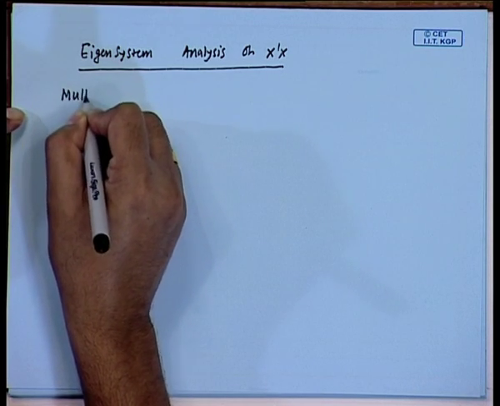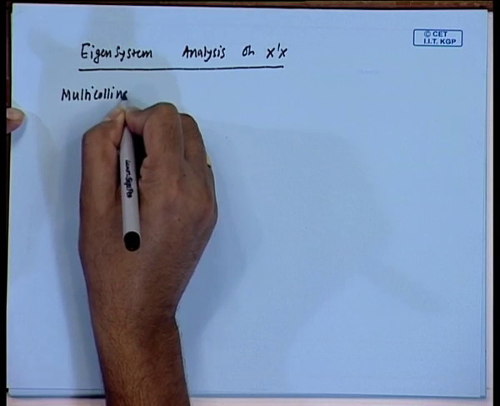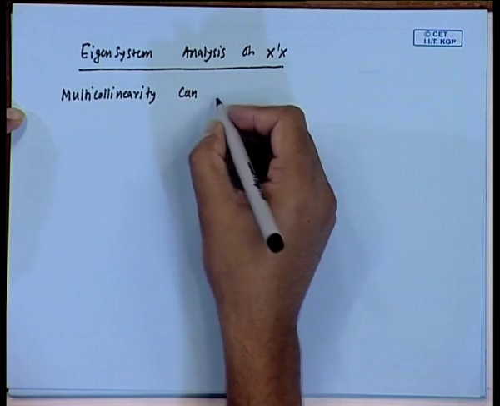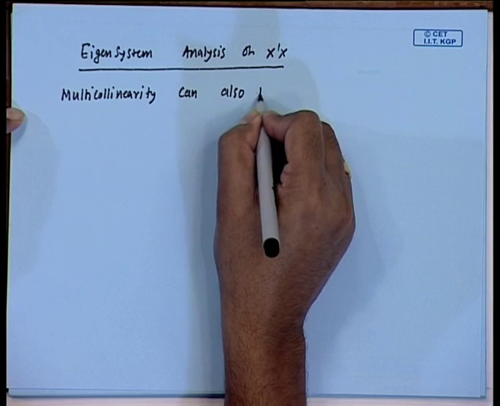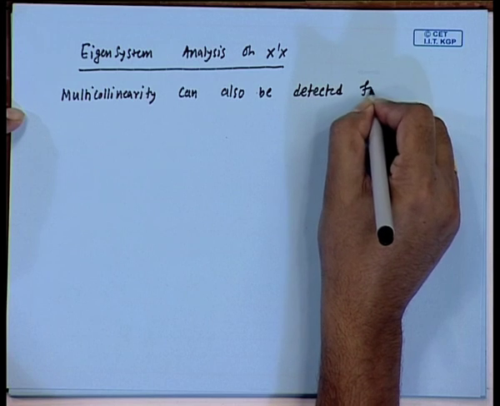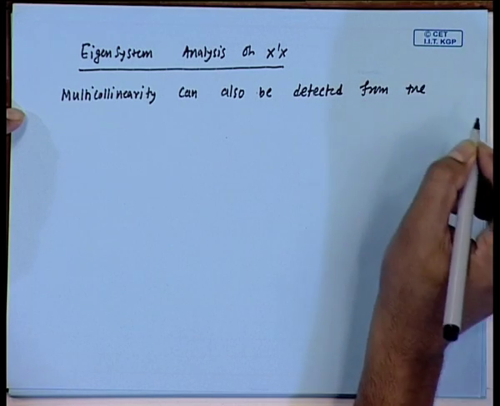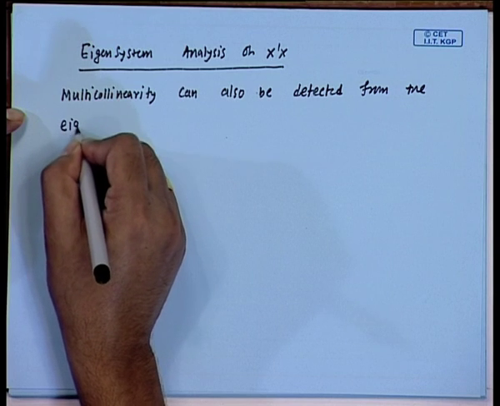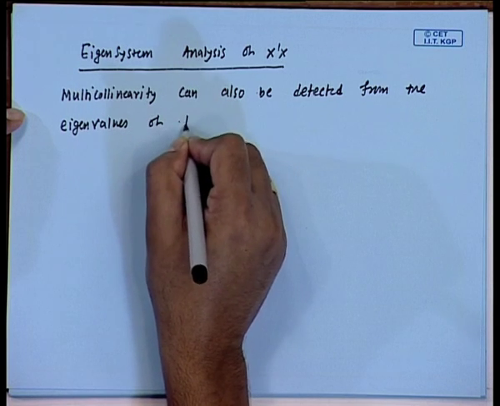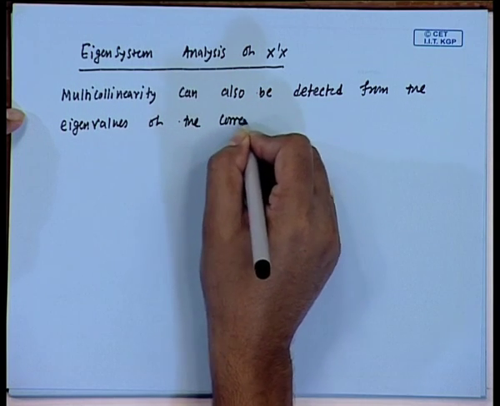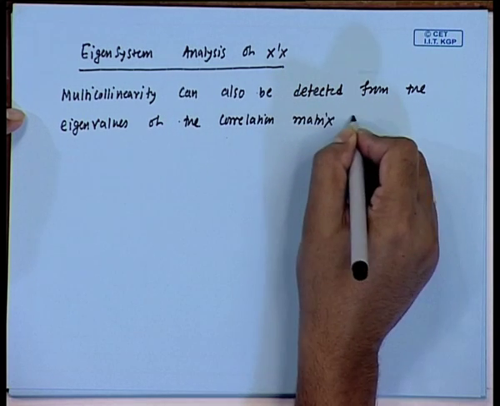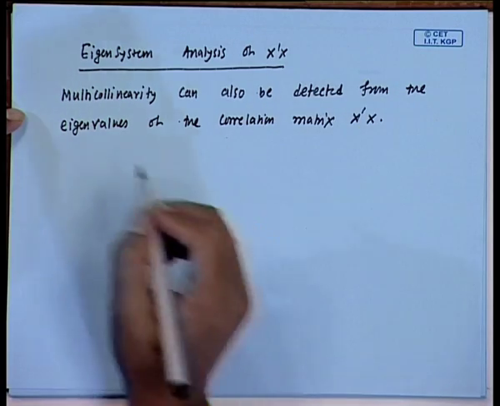So, it says that multicollinearity can also be detected from the eigenvalues of the correlation matrix X prime X. Okay.